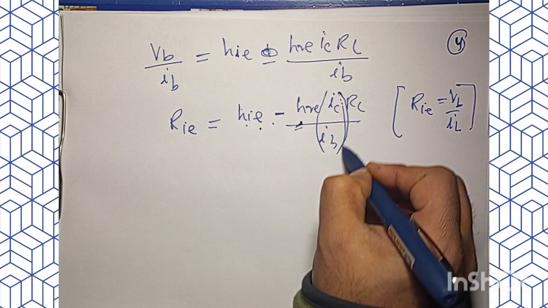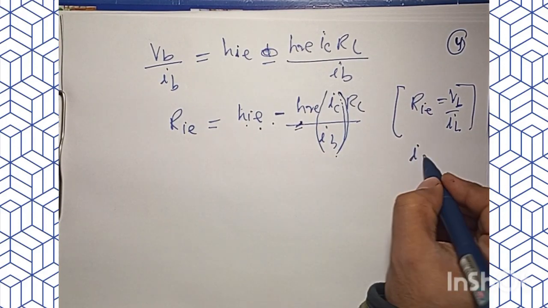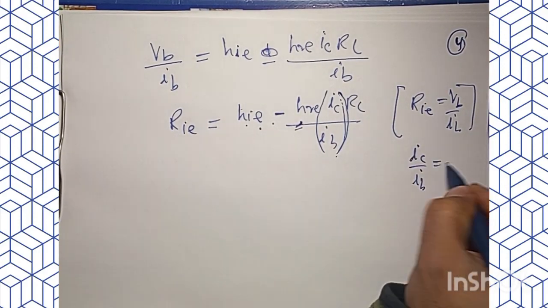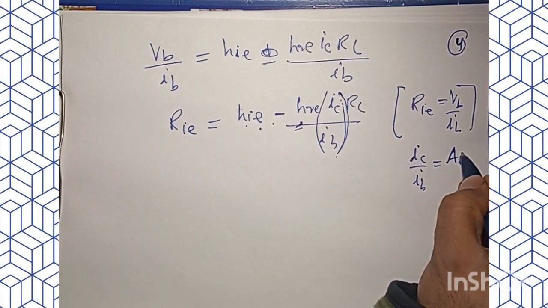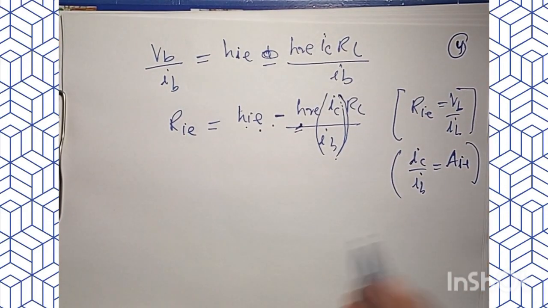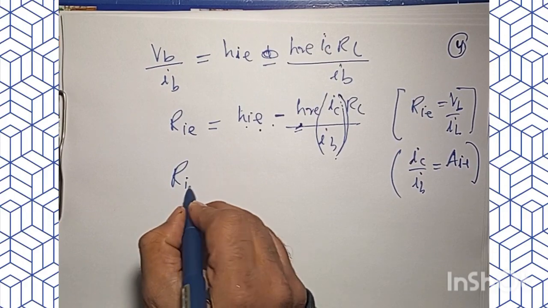Now what is this? This is current gain. So this IC by IB is AI. RIE that we have. So I can think of writing this equation.